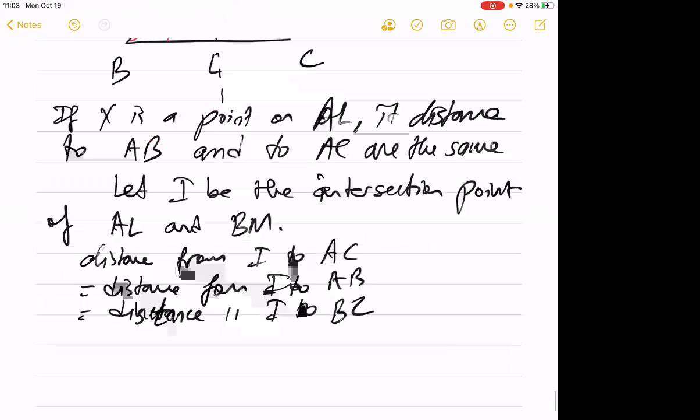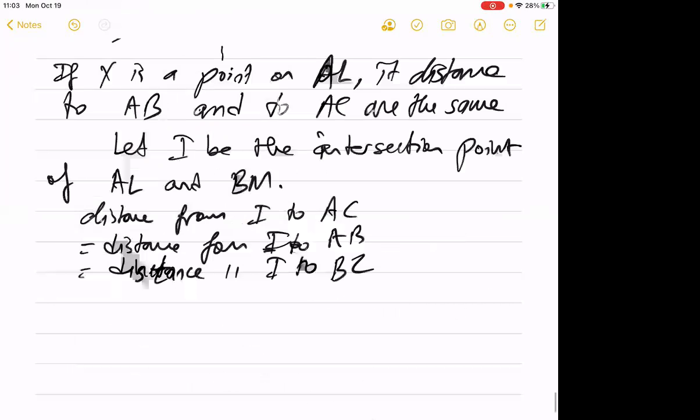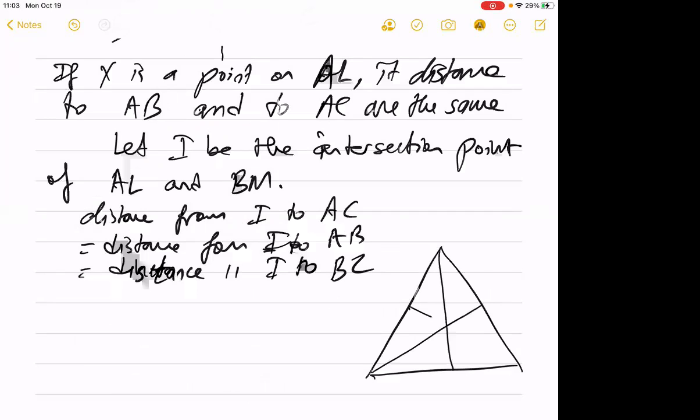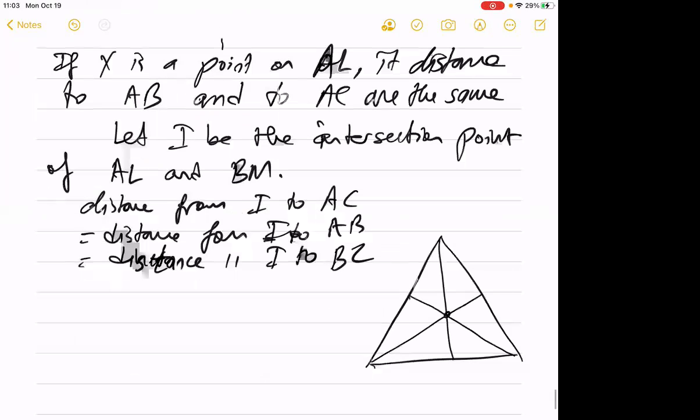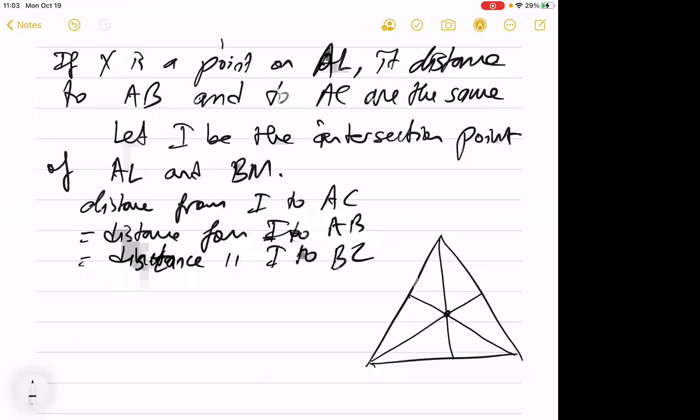Let me draw it once again. We have this intersection point. Oops, I shouldn't have drawn the last one. Let me erase that.